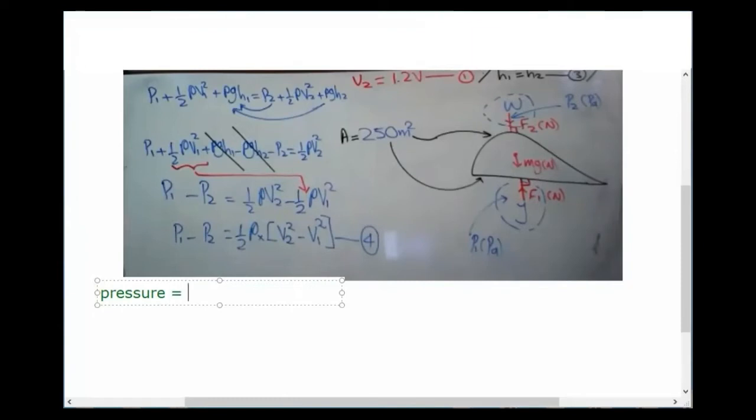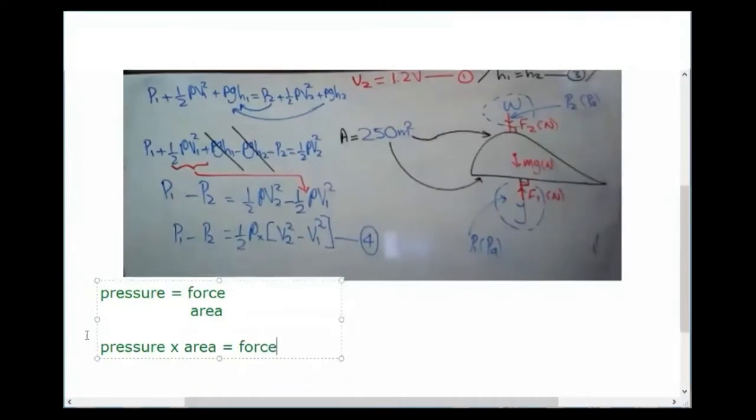So we know that pressure equals force over area. If I take area to the other side, I will obtain an equation something like this: pressure into area equals force. Is this clear here?